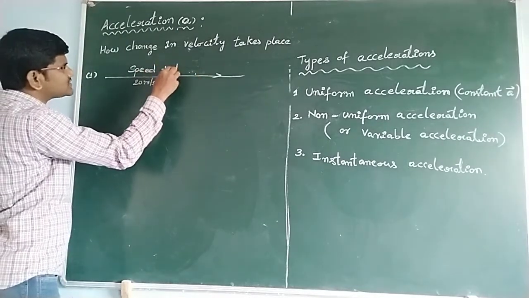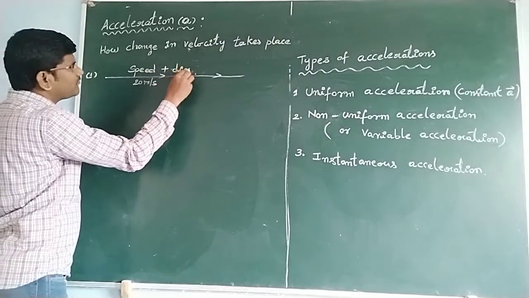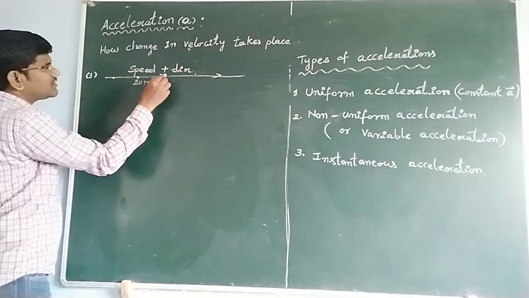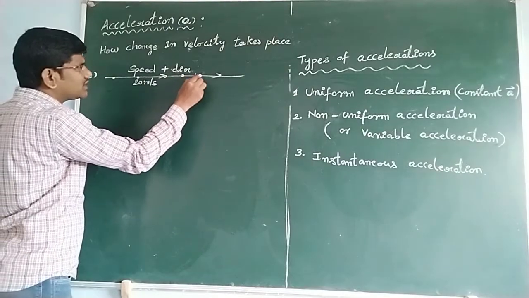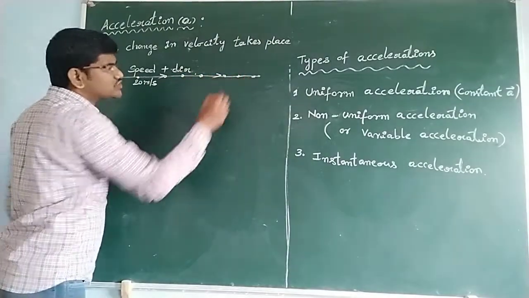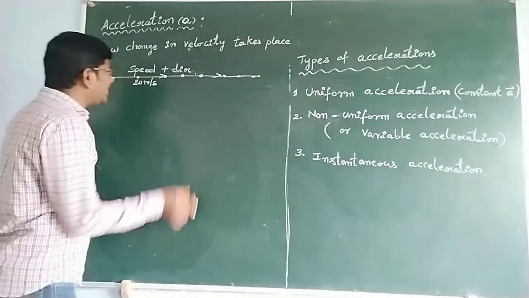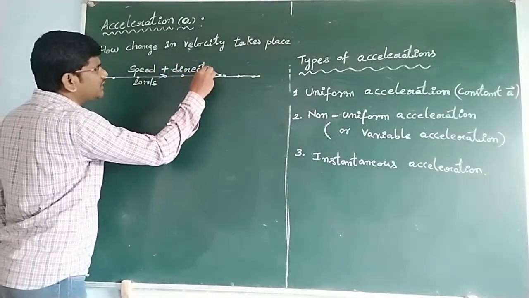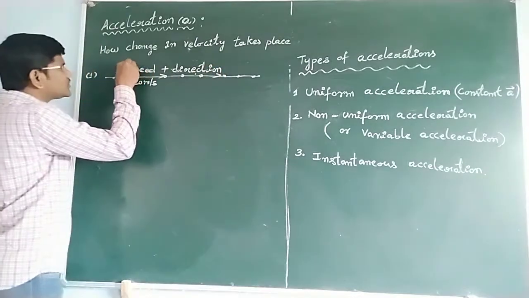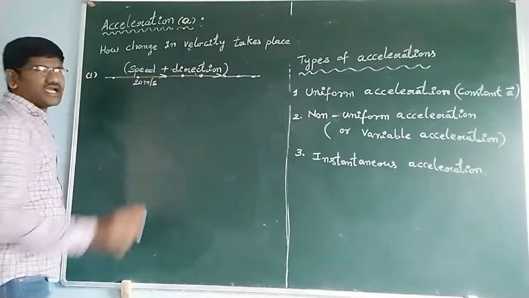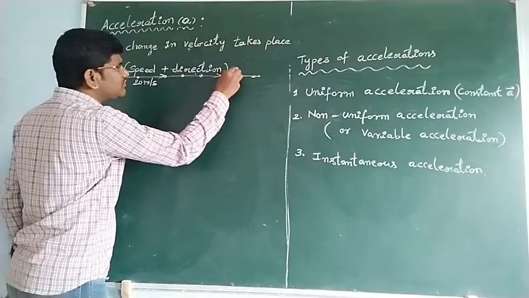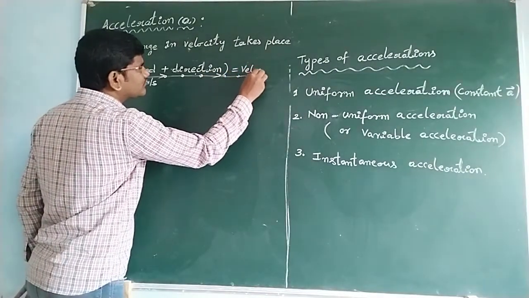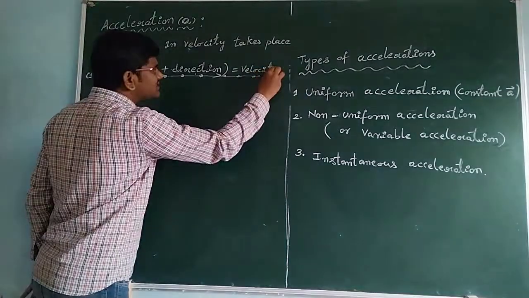So speed plus direction. Here speed is 20 meters per second, here and here, everywhere. So the speed is 20 meters per second, and for that speed we added direction. So here speed is constant and direction is also constant, which means we will say velocity is constant.